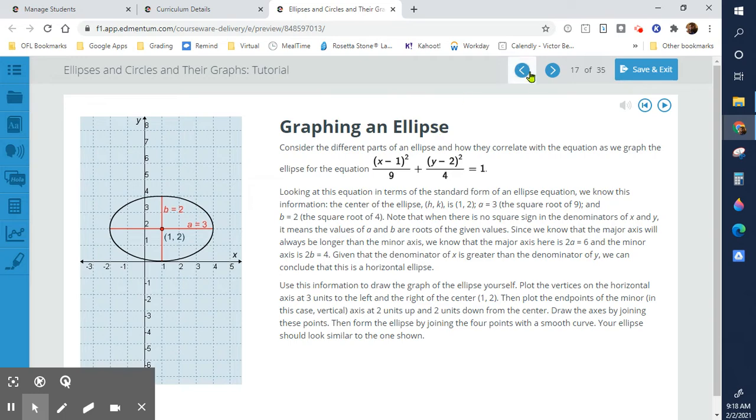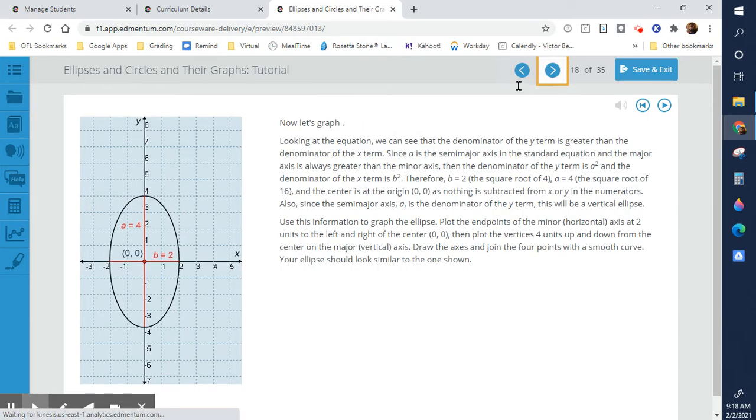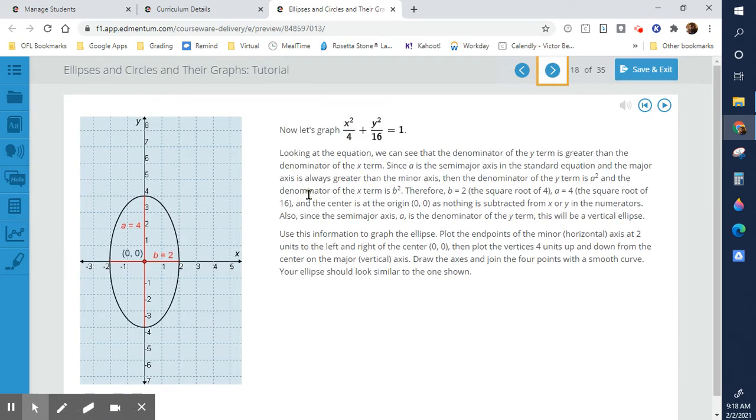All right, so let's keep going. When you're graphing, again, this is pretty easy to do. You graph your center. If you look here, the number underneath the x is not an a, it's small. So that's why it's only 2.